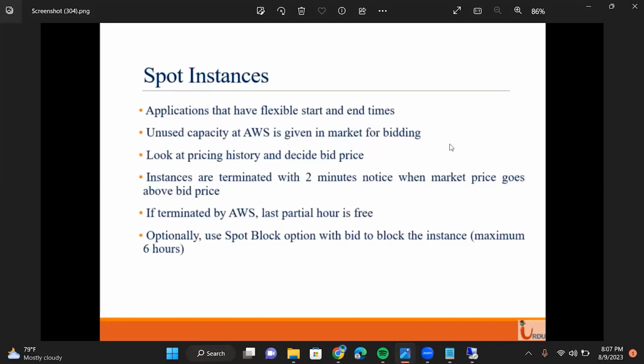So spot instance is in some ways very good and in some ways very bad. For example, let's say there's a particular service and we are bidding for it. Bob is bidding for it, and Alex is also bidding for it.